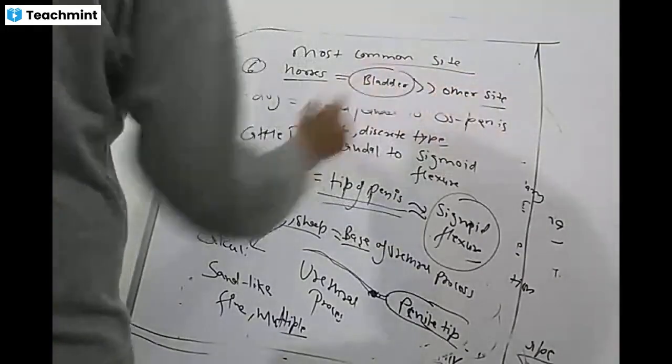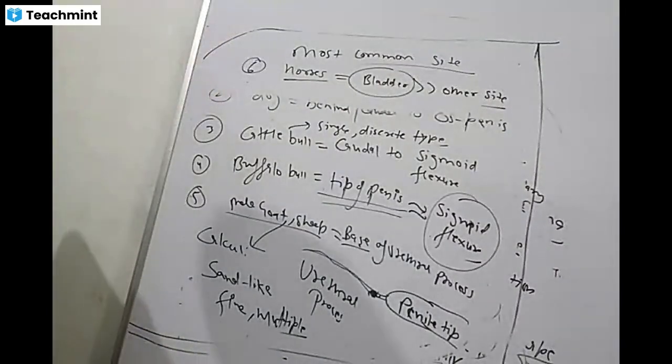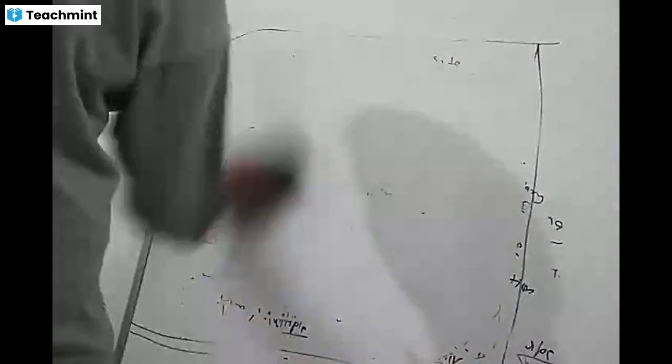This is the most common. Cystic calculi are more common in case of horses. So these were related to the most common site of urolith formation.